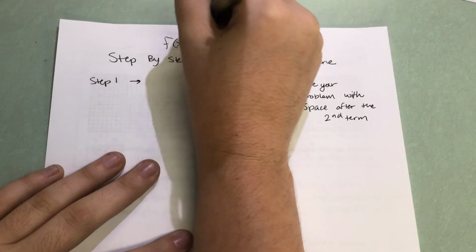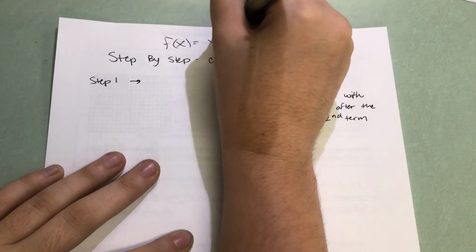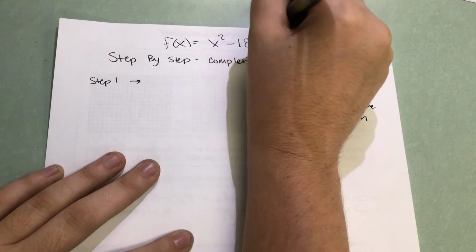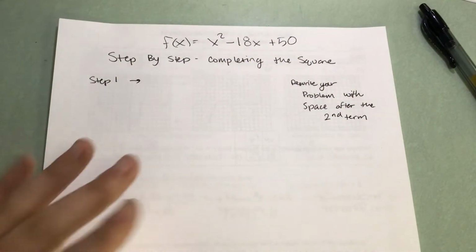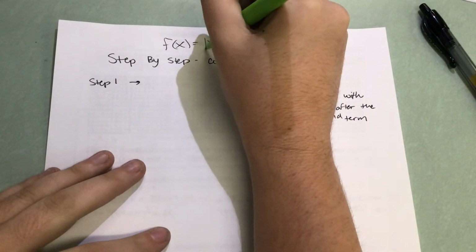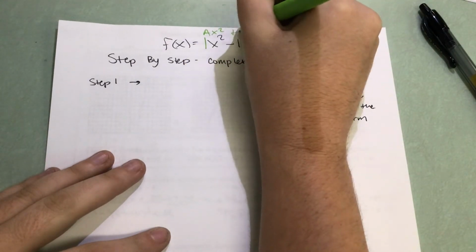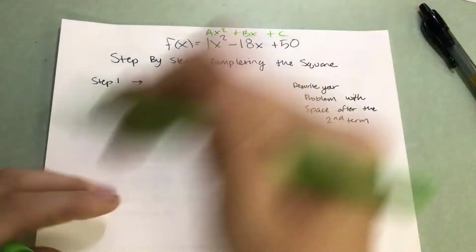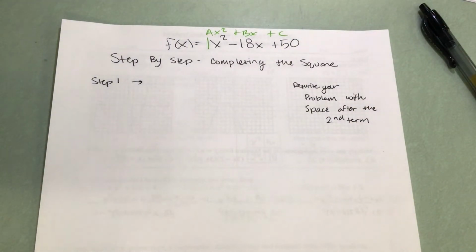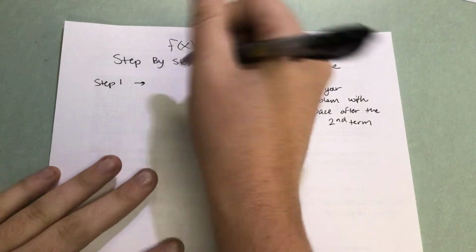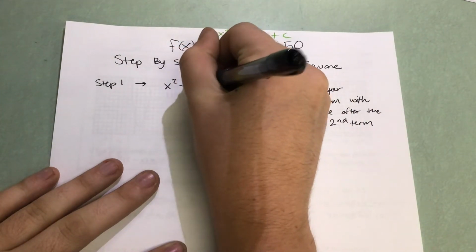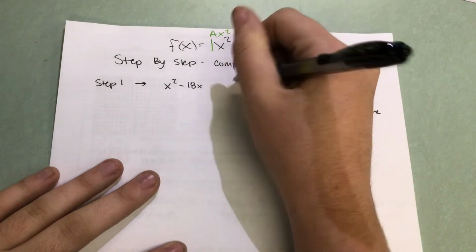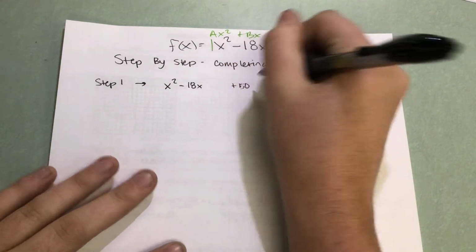So let's say I gave you the equation f of x equals x squared minus 18x plus 50. I've got ax squared, there's a 1 there, ax squared plus bx plus c. We're going to rewrite it with space between our b and our c terms. So we've got x squared minus 18x. I'm going to leave some space plus 50.